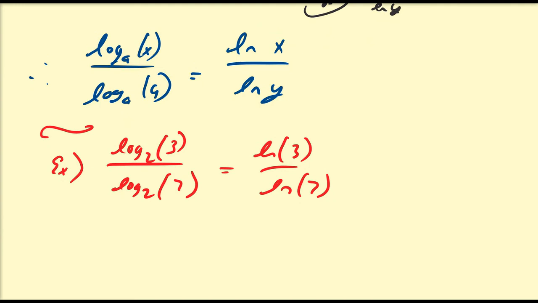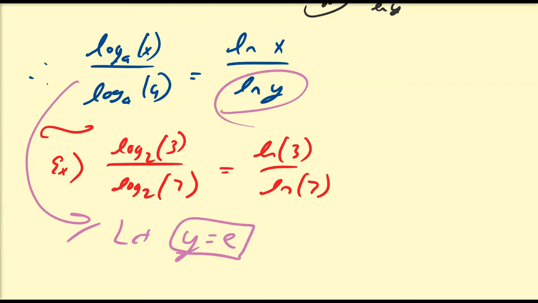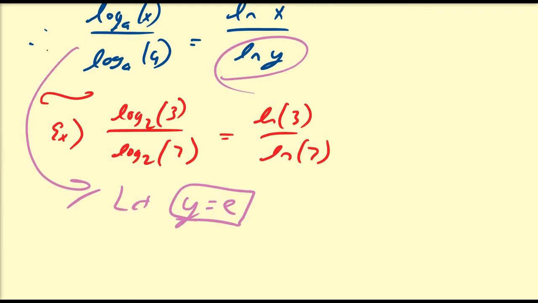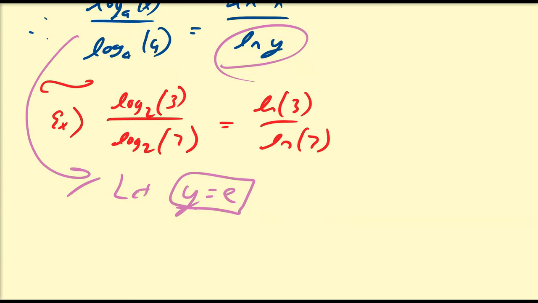All right, going back to this general property, I'm going to let y be equal to e, because that's a special property associated with the logarithm. If y is equal to e, then the natural log of y, which is the natural log of e to the first, is just equal to 1.